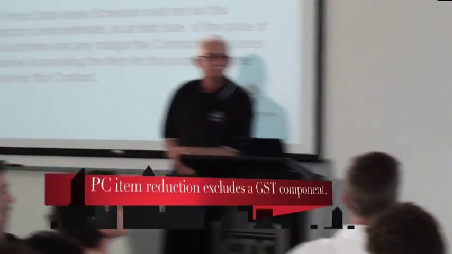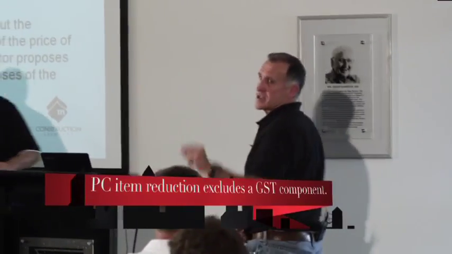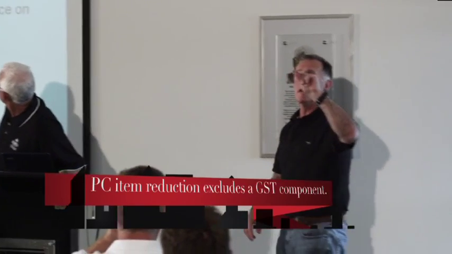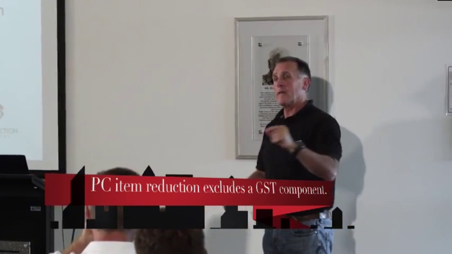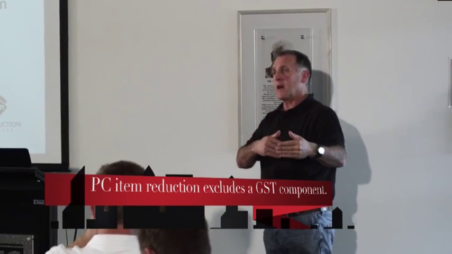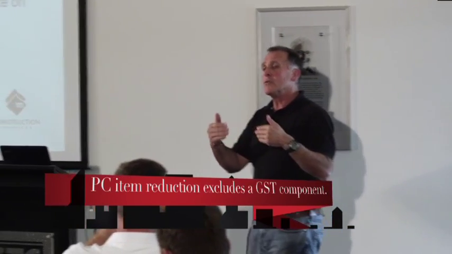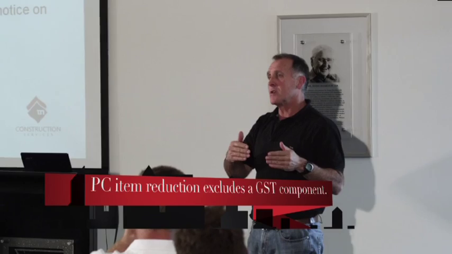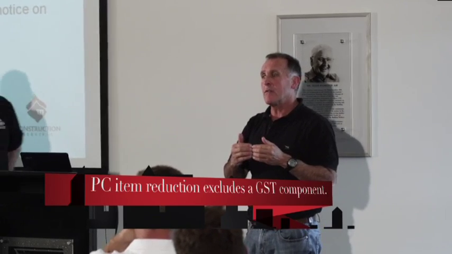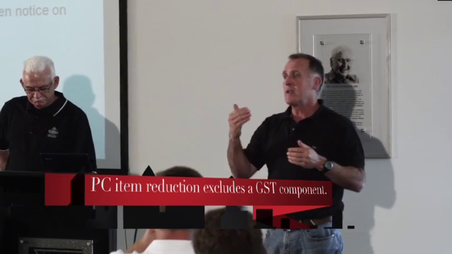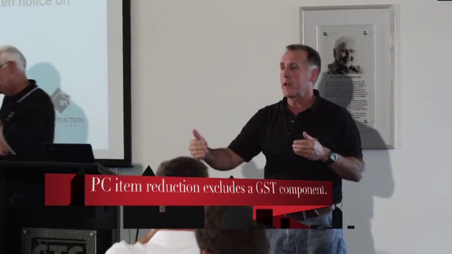Just to add to prime cost items and a prime cost item adjustment, to answer your question on the material, we were talking about there's a reduction in price. When you do your price takeoff for the reduction, there's no GST on the reduction because there's been no goods or services provided.